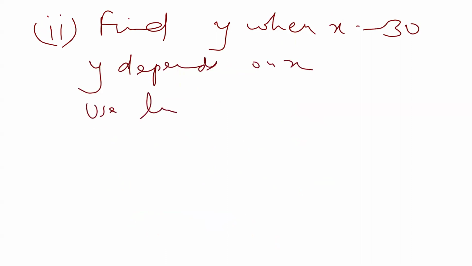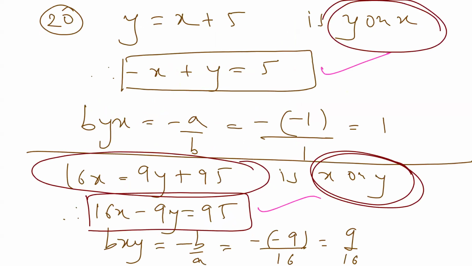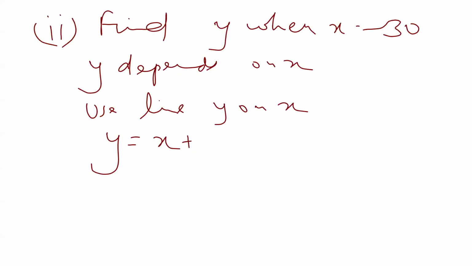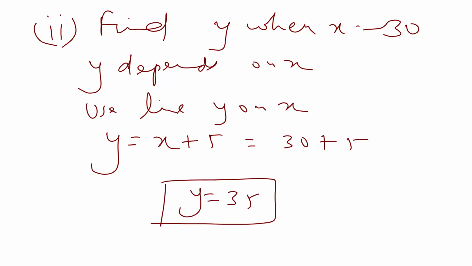Use line y on x. What is line y on x over here? Line y on x is given in the problem. Y is equal to x plus 5. So y is equal to x plus 5. Put the value of x as 30. Y will be 35.